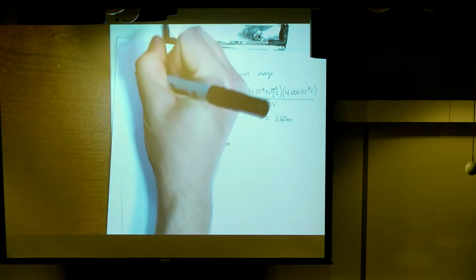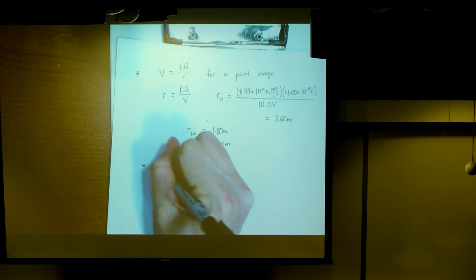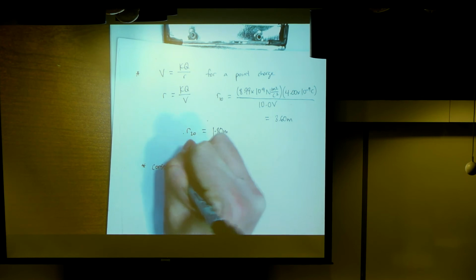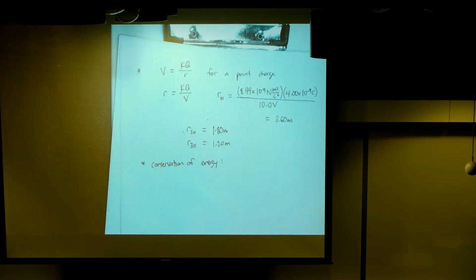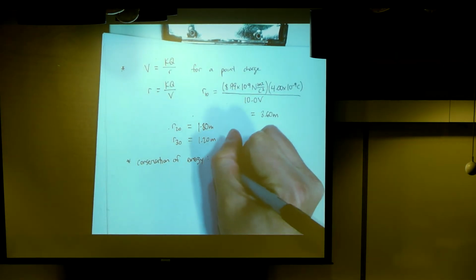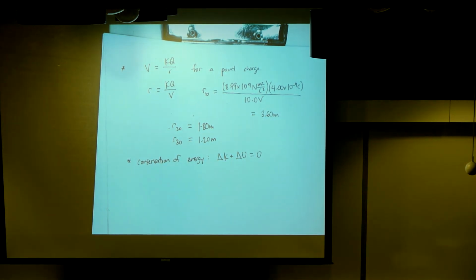So this is the first question. For the second question, we have conservation of energy. That's what we're going to apply. So delta K plus delta U equals 0. That's the idea. Change in kinetic plus change in potential equals 0.